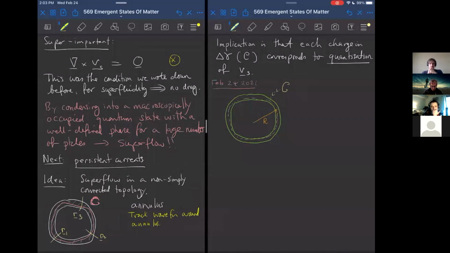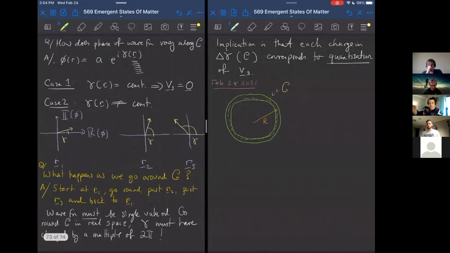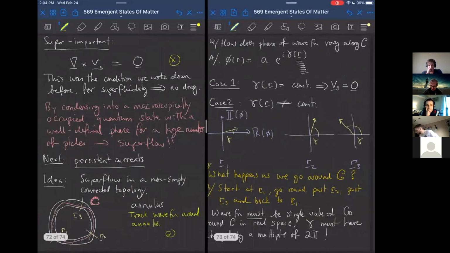So what we started doing last time was we wanted to start to explore the role of topology in the system. And the way we were going to explore that was by looking at superflow in an annulus, as shown down here on the bottom left. The idea was we were going to look at what happens to the wave function as we track our way around the rim of the annulus.